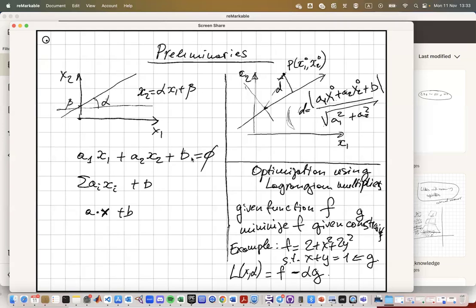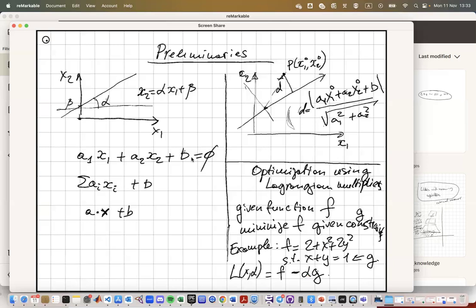This is g. So what you do now, you can take the derivative of the Lagrangian with respect to the original variable, so the x, and the alphas, so the coefficients in front of your constraint.